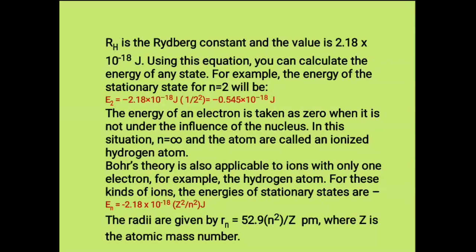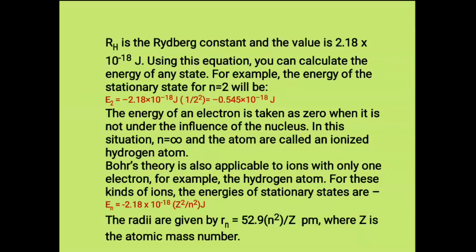So we were discussing why the energy is negative. If we say that the electron is very far away from the nucleus, at infinite distance, it will not experience any attraction with the nucleus and hence its energy will be regarded as zero. Now as the electron starts approaching the nucleus, from infinity towards the nucleus, some force of attraction will start developing.